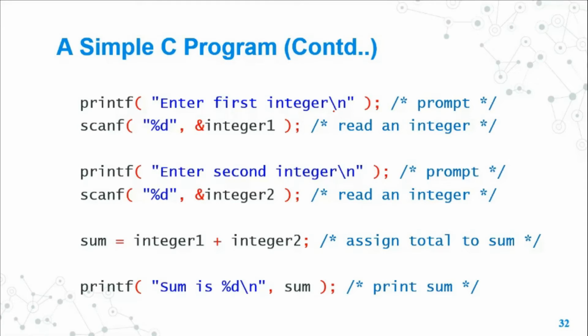The \n character represents a new line character, that is, the cursor will be taken to the next line. So after "Enter first integer" is displayed, the cursor will be blinking in the next line. That is the \n.